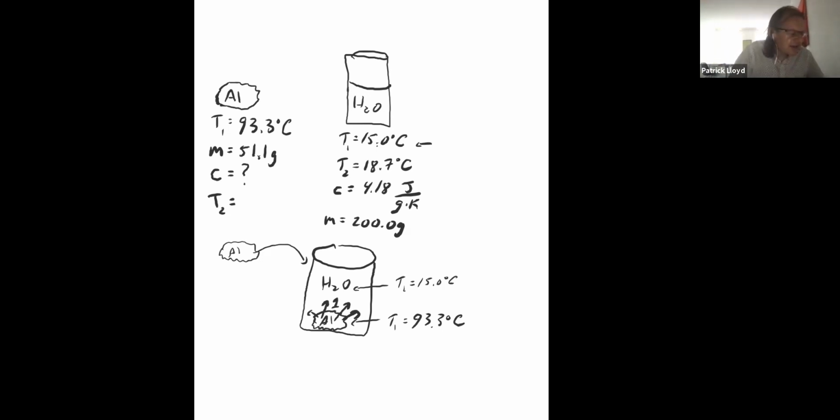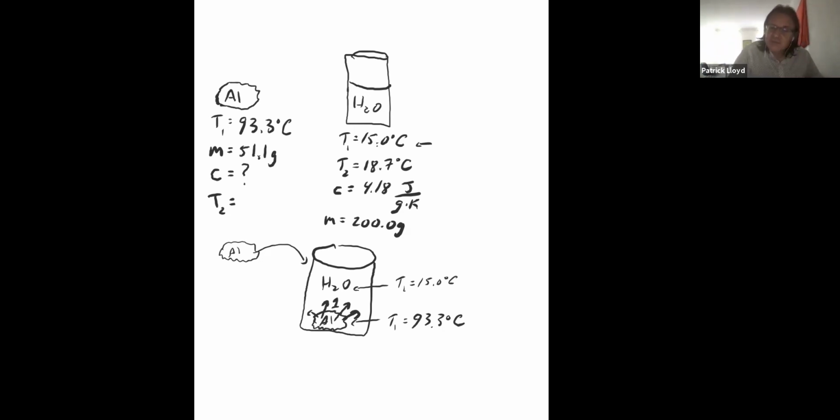What happens is as heat flows into the water, it gets hotter. So the water goes up to 15.1, 15.2, 15.3, 15.4. The aluminum starts going down, 93.3, 92.3, 91.3, 90.3. Eventually, they reach the same temperature. And when they are at the same temperature, everything stops.